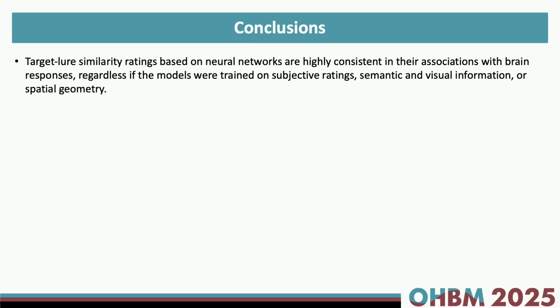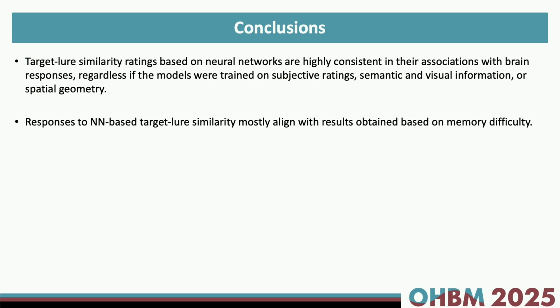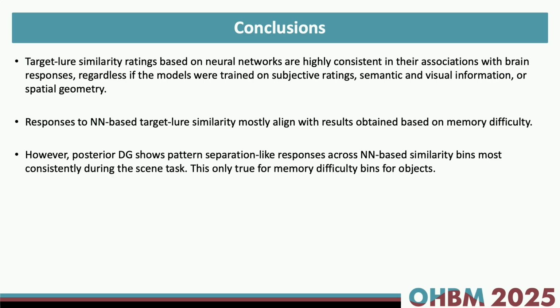brain responses, regardless of whether the models were trained on subjective ratings, semantic and visual information, or spatial geometry. The responses to neural network-based target-lure similarity mostly align with the results obtained from memory difficulty bins, but specifically the posterior dentate gyrus shows some differentiation there by what it is most closely matched with for pattern separation response.